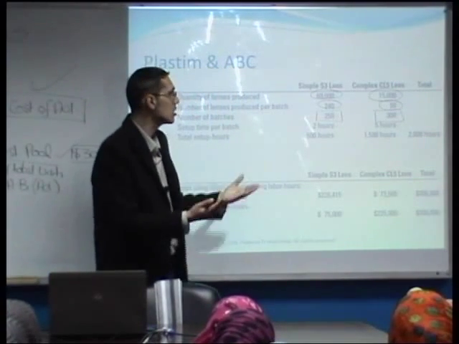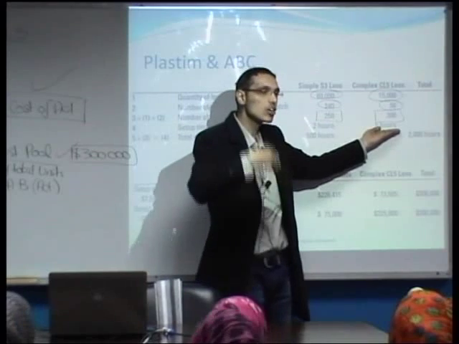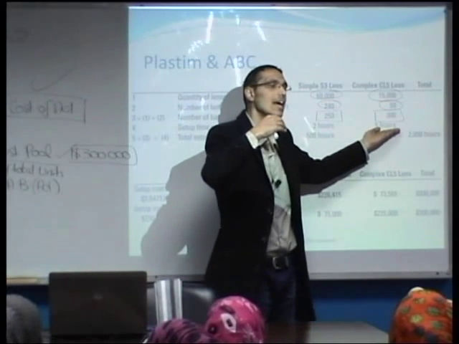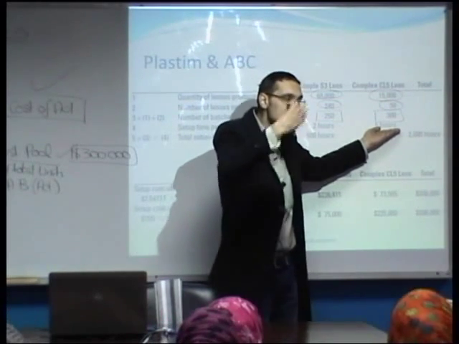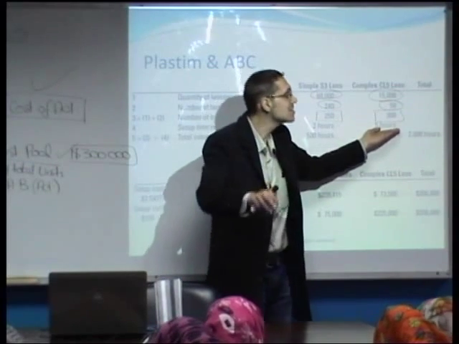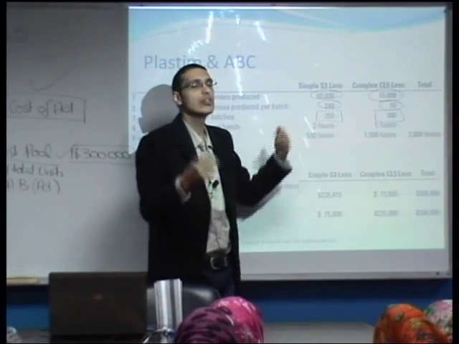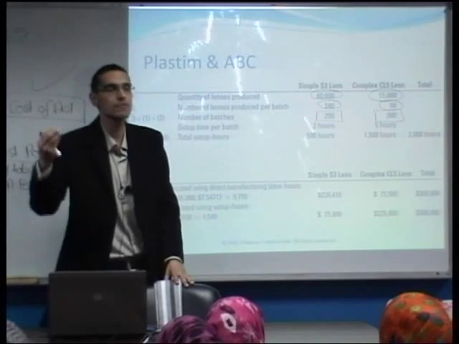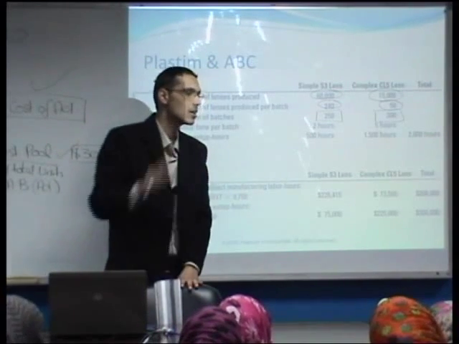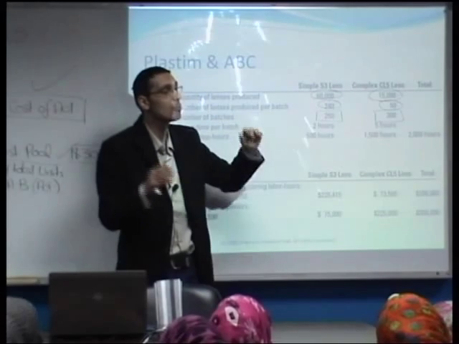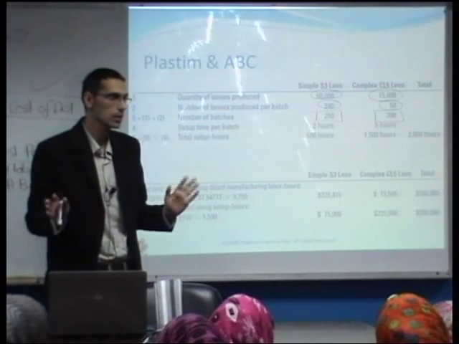But because here we have more complexity, that means we need more time to set up the machines than for the S3 lens, therefore we cannot use the number of setups as the allocation base, because the setup hours would be a more accurate allocation base.